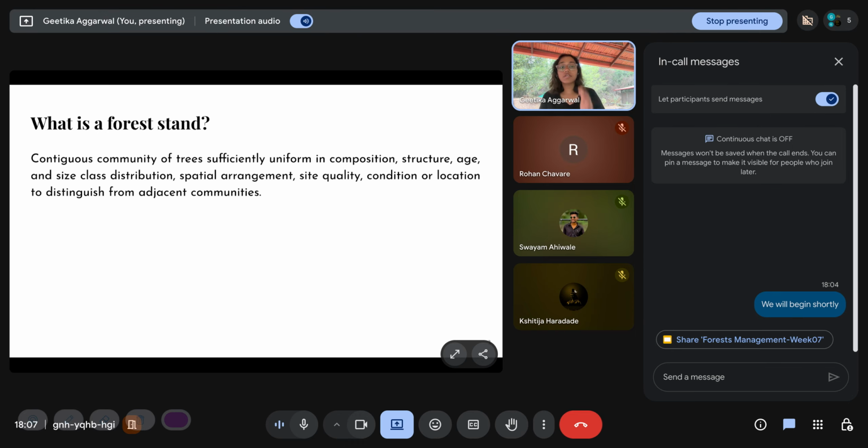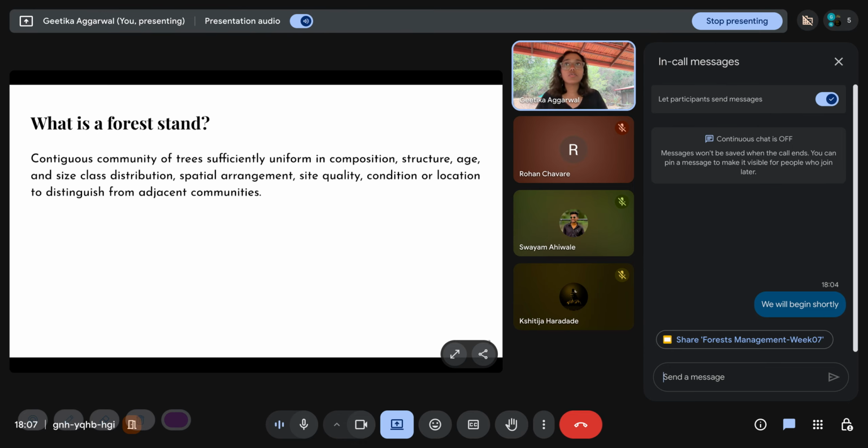There should be a way to distinguish it from the nearby communities based on composition, structure, age and size class distribution, the spatial arrangement of trees, the quality of the site, and the condition of the trees or the vegetation in general in that area.